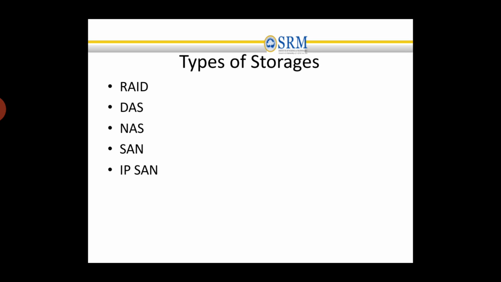In such a case, we can prefer the redundant information also. That means the same information is stored in multiple disks. Even if any one of the disks fails, we are not bothered, because we can take the backup from the other disk. So you can achieve reliability through redundancy. That is the concept behind your RAID system, redundant array of inexpensive disks.